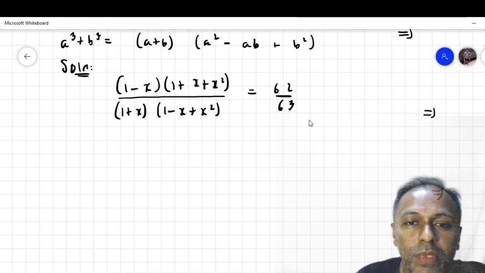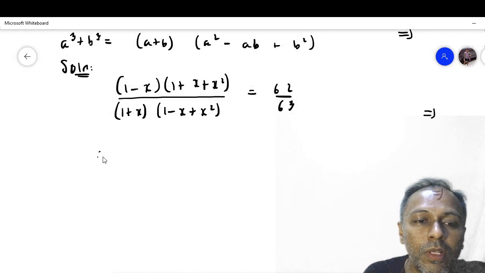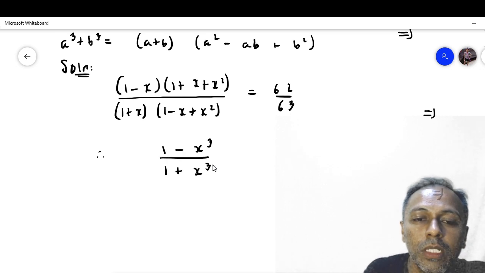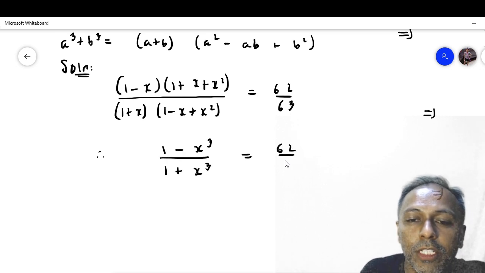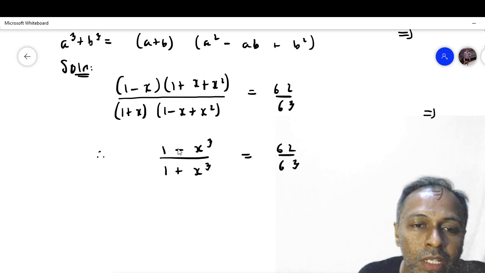This numerator will now become a cube minus b cube, which is 1 minus x cube upon 1 plus x cube is equal to 62 upon 63.